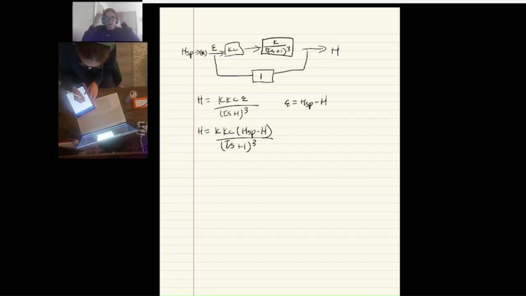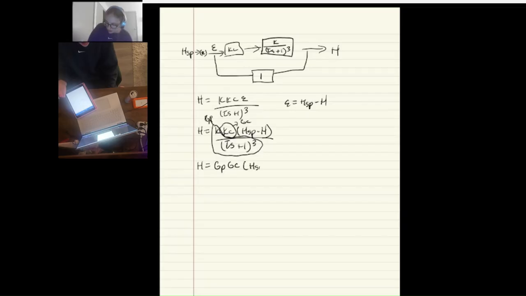And so then we can change these terms. Our Kc is going to be Gc, and this is going to be a term Gp. So H is going to be equal to Gp times Gc times the height set point minus our height.